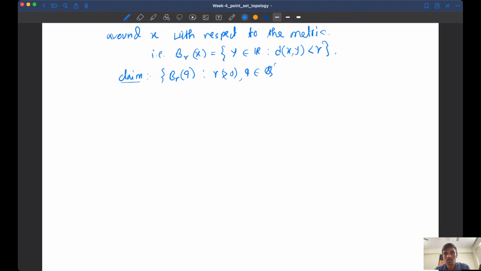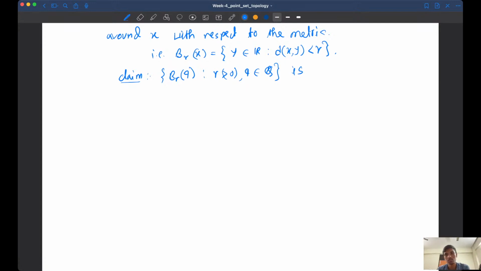So this is countable, because r is a positive rational number, and any subset of the rational numbers is countable because Q is countable. It is a subset of Q cross Q, and Q cross Q is countable, so this set is also countable.